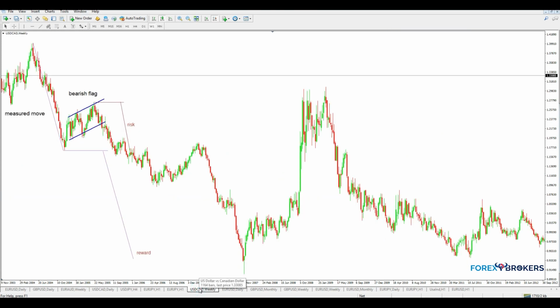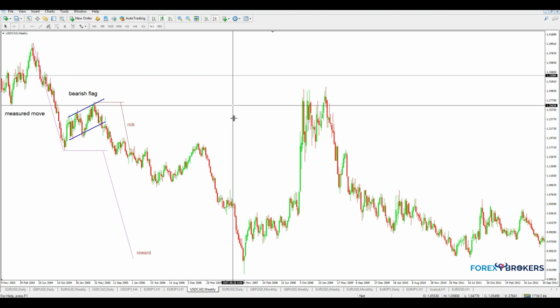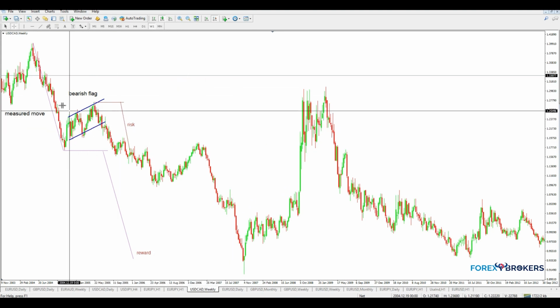A flag is also a consolidation, but it's a consolidation that usually doesn't resemble a triangle, like in the case of an ascending or descending triangle. It's either a sideways move or a move that goes in the opposite direction of the previous trend.